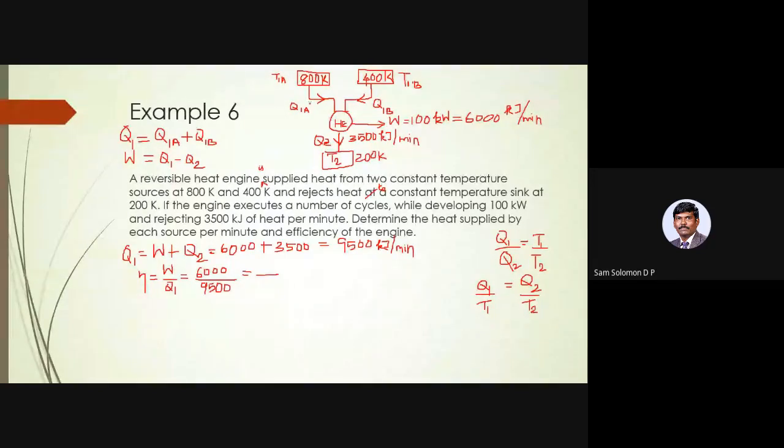Here I have two heat sources, so from this result I can write Q1A by T1A plus Q1B by T1B is equal to Q2 by T2.